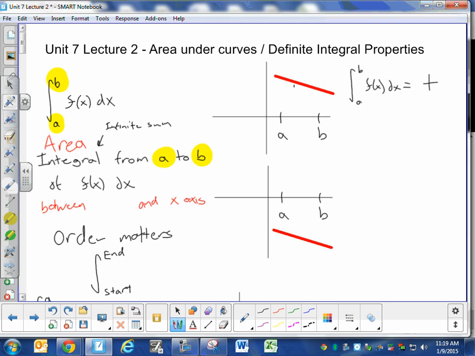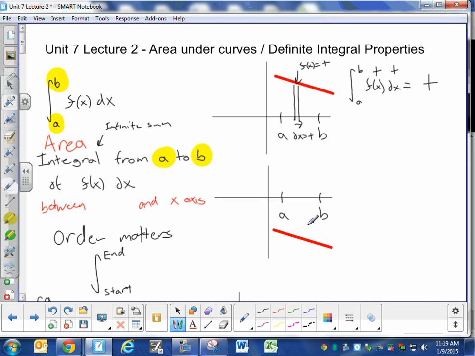These function values of all of these skinny rectangles have heights that are positive, and our dx's, our widths, since we're going from left to right, are also positive. We're moving in the positive direction on the x-axis. So we have a function value that's positive, a width that's positive, area above the x-axis is positive.